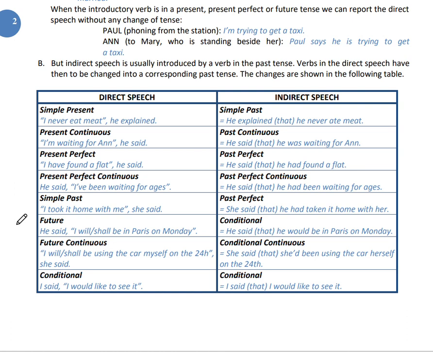And conditional continuous: she said that she would be using the car herself on the 24th. Correct? Great. And conditional: "I would like to see it." In indirect speech, it becomes I said that I would like to see it. Great.